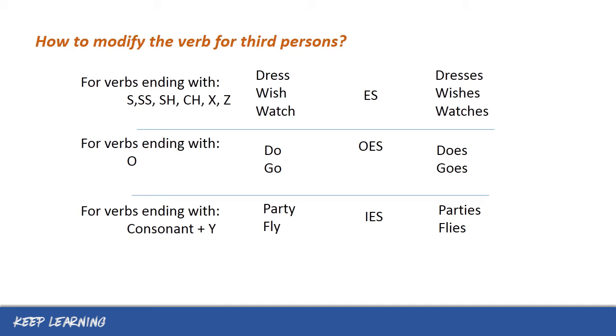Like I party all night, and he parties all night. Same thing with fly. I fly, he flies, right? ies. And this is the way to modify verbs for the third persons. Normally it's an s, but in these cases these are the rules.